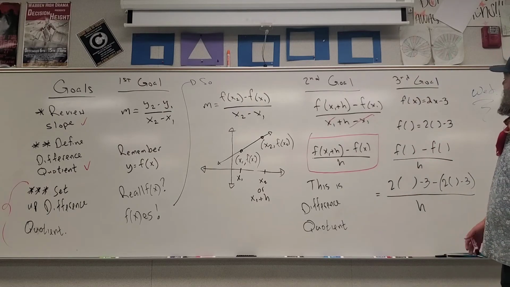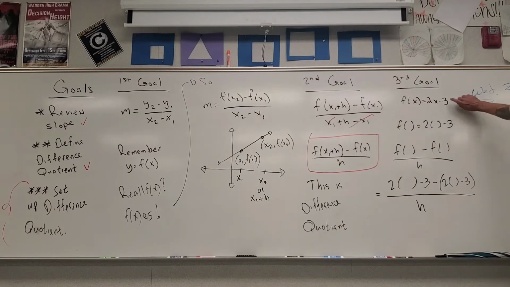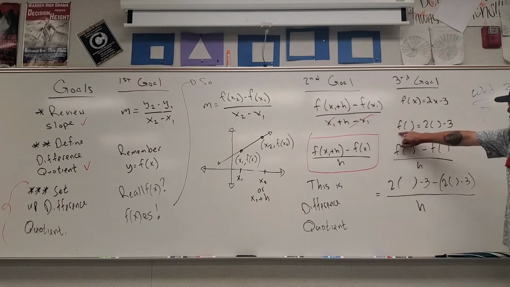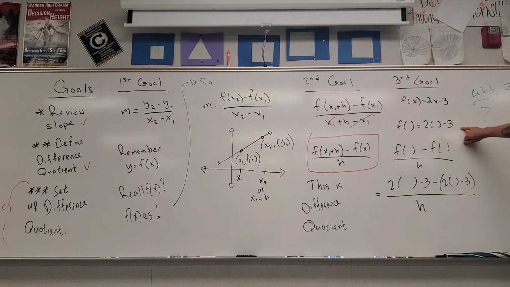Notice that I wrote the same function, but instead of an x, I left empty parentheses. I'm doing that because I find that if I look at the equation in this form, it helps me to put it into the difference quotient, which is this.